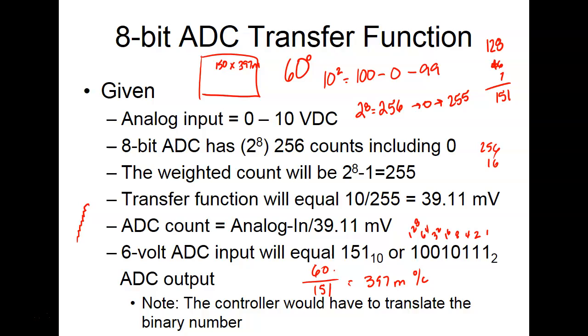Even when you go from digital to analog, your analog signal is not going to be perfect. It's going to be little steps depending on the number of bits that your digital to analog converter has. So look at that on the oscilloscope.